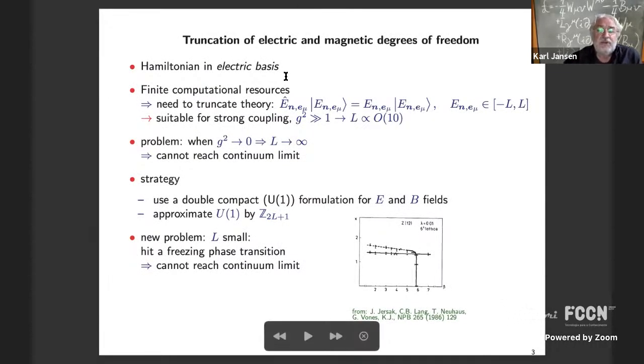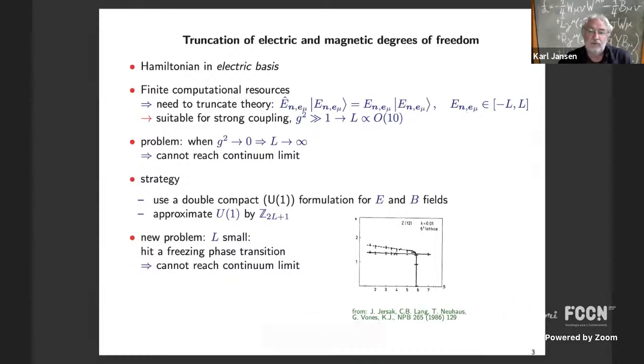Okay, so what I showed you is the Hamiltonian in the electric basis. And I told you that the electric field operator takes eigenvalues from -infinity to +infinity, which means that we need to truncate the theory. So instead of having the eigenvalues go from -infinity to +infinity, I let them go from minus capital L to plus capital L. And this L I have to choose.